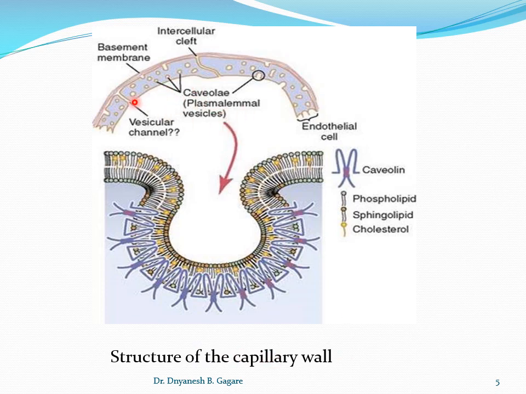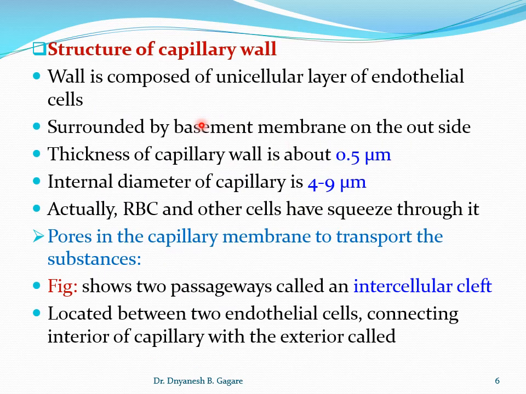This is the capillary membrane structure, and in this structure we studied the special pores, which are required for transport of substances across the membrane. Okay, now we'll continue. So this is the structure we studied.